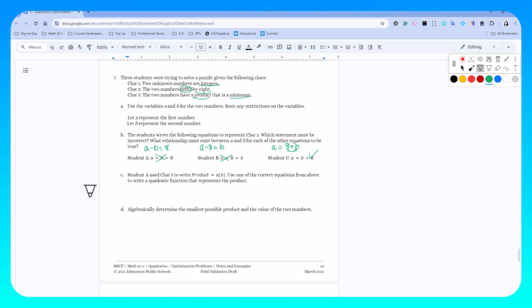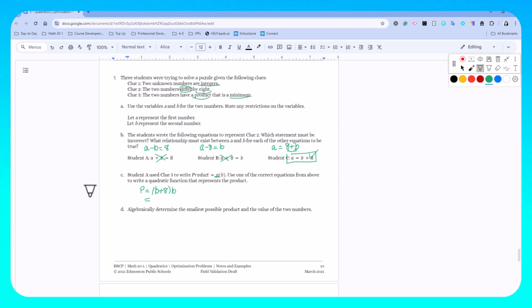Now, student C used a clue to write the product P equals A times B. It says use the correct equation from above to write a quadratic function that represents the product. Well, the product P equals A times B, and student C says A equals B plus 8. So let's make the substitution for A, B plus 8, and we're going to keep the B going.